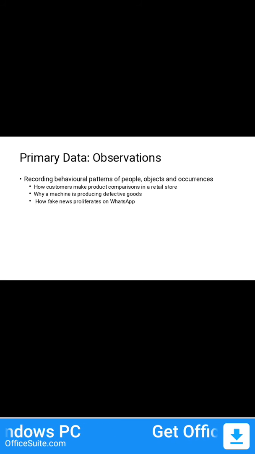What happens at first? Who sends the message? Who receives it? Who forwards it? Who reads it? Who does not read it? If I want to actually record every single thing in this particular event, that is proliferation of fake news, I will have to make observations. So in all these instances we can make observations.